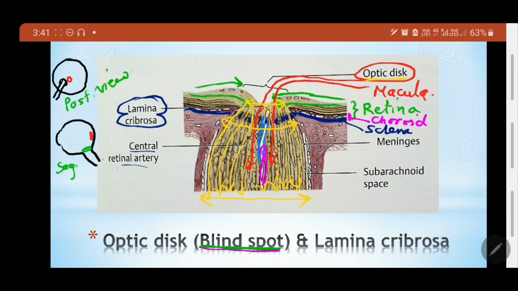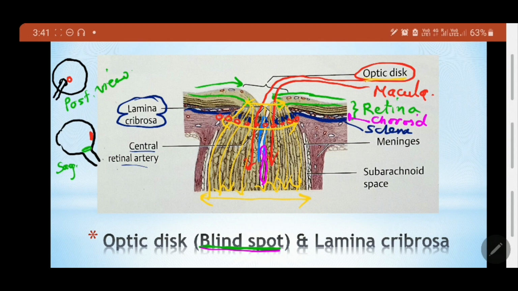And because it's been created by nature, it also has a supplementation for this. I'll tell you in my further lecture that there is an arteriolar anastomotic circle around this, so that it doesn't undergo any sort of ischemia.